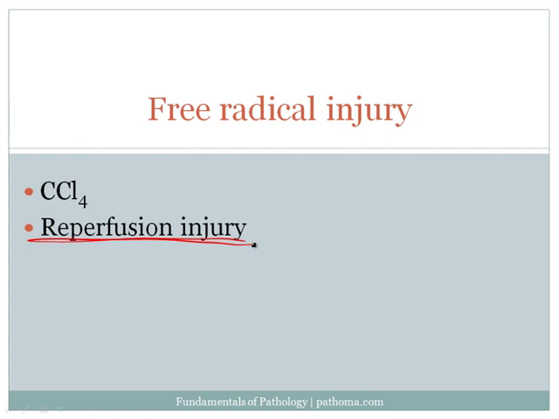One of the interesting consequences of returning blood to the organ is that once blood returns, oxygen has also returned to the organ, and inflammatory cells have also returned, and the combination of the inflammatory cells reacting against the dead tissue along with the presence of oxygen can actually generate free radicals.